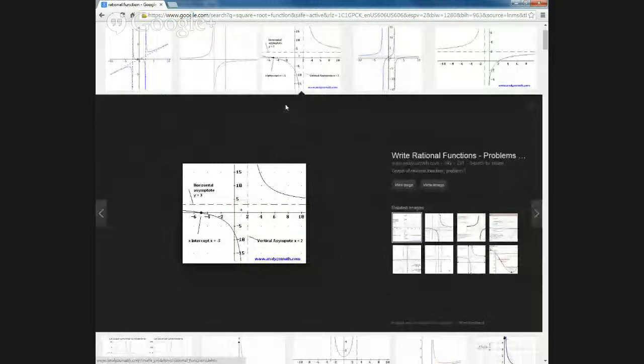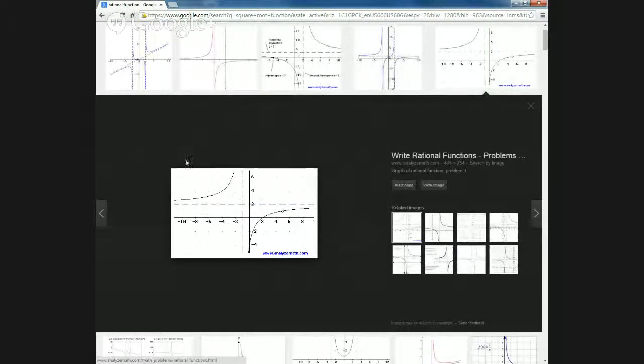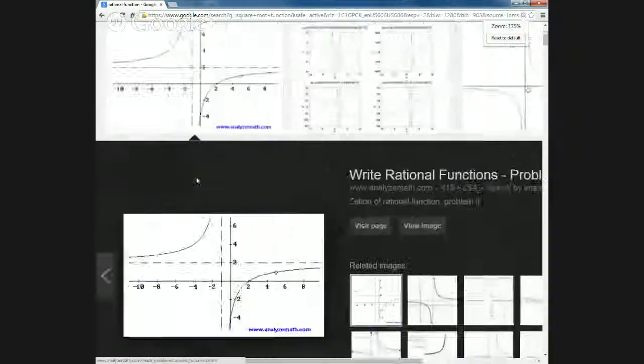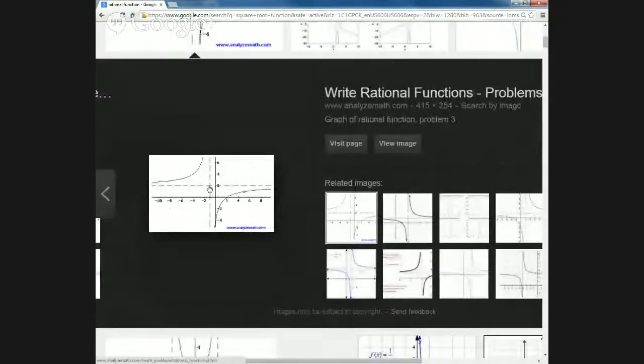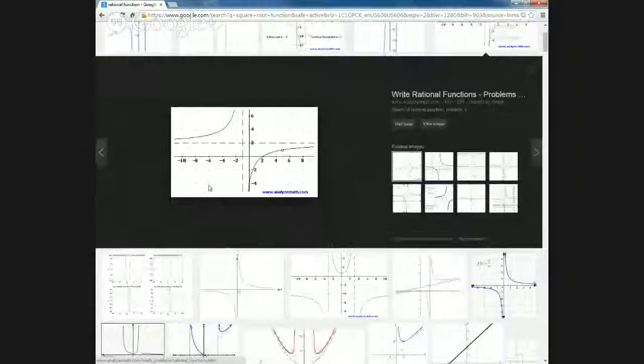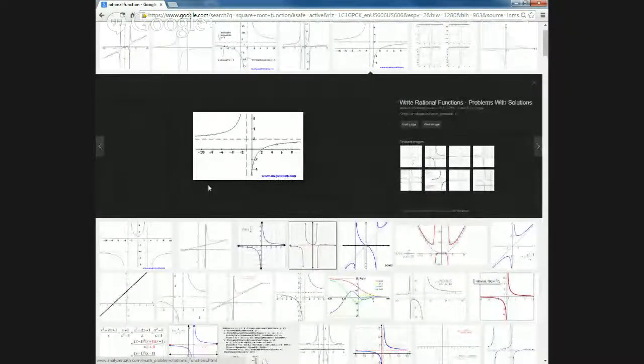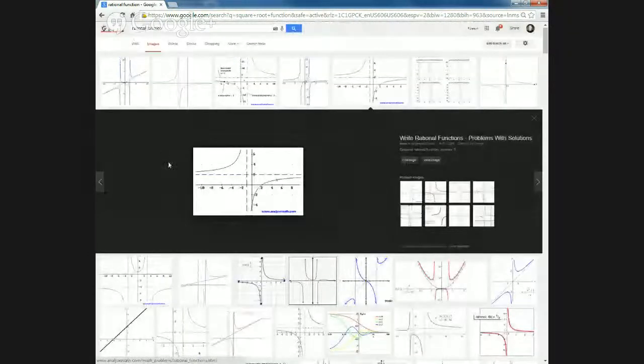Okay, it'll look like that. Let's see if I can find a better one. Defeating my zoom technique. And you see the line goes up to infinity here, and down to negative infinity, out to infinity here, and then to negative infinity. These vertical dashed lines are called asymptotes.